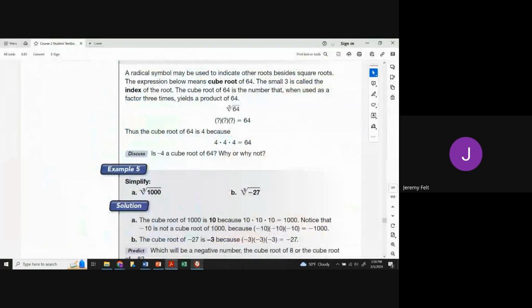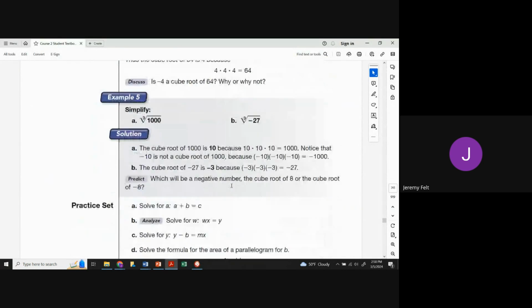So negative times a negative times a negative is a negative, or positive times a positive times a positive is, well, obviously a positive. So that's what we're doing right there. If it's an even number exponent in one of those problems, we're going to have more than one solution. If it's odd, just kind of a note for down the road.